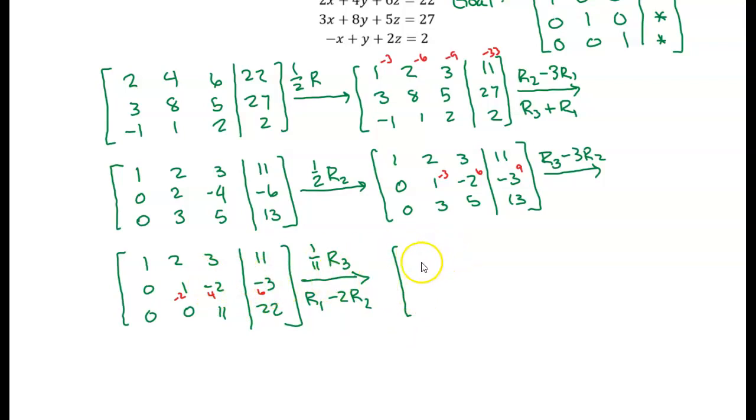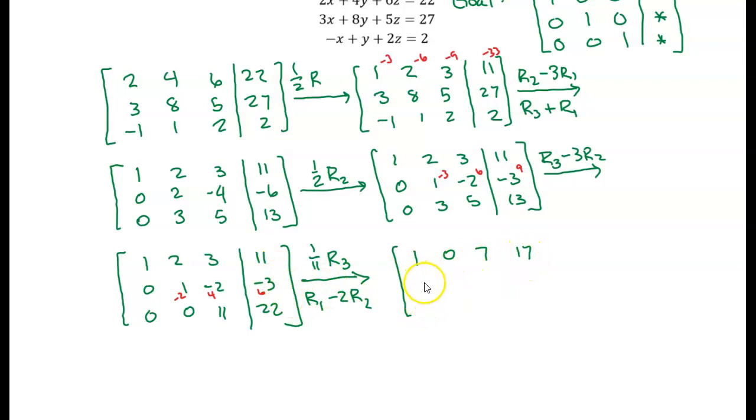Of course I'm ignoring this 0 because I know 0 times -2 is just going to be 0. So 0 plus 1 is just 1. Negative 2 plus 2 gives me 0. 3 plus 4 is 7. And then 11 plus 6 is 17.